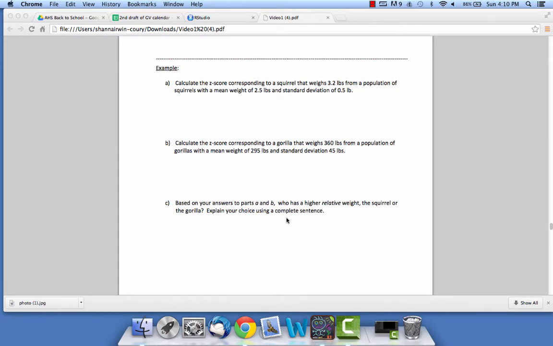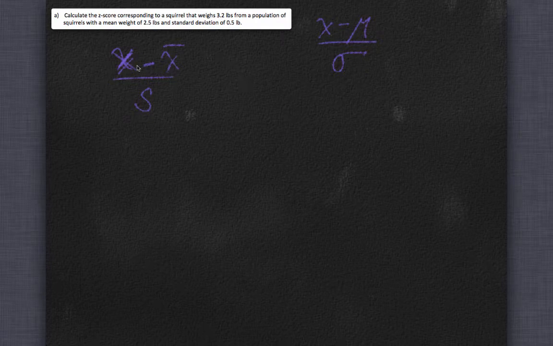So a z-score is how far away from the mean you are, what's your deviation, and how does that compare to the standard deviation. So the z-score is always going to be the value minus the average, divided by the standard deviation. So these are the same: X minus the average over the standard deviation.